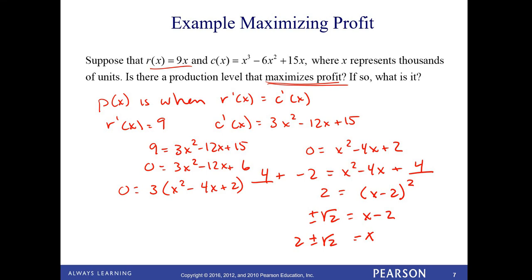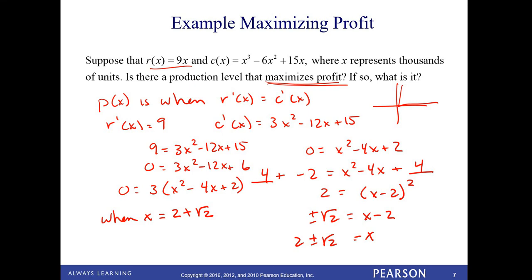Since I am looking for a profit, that's always going to be something in the first quadrant, so I'm just going to use the positive one. So when x equals 2 plus root 2, I'm going to have either a max or a min.